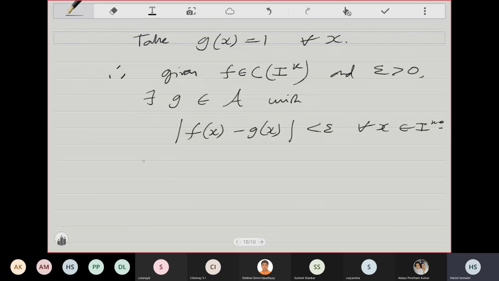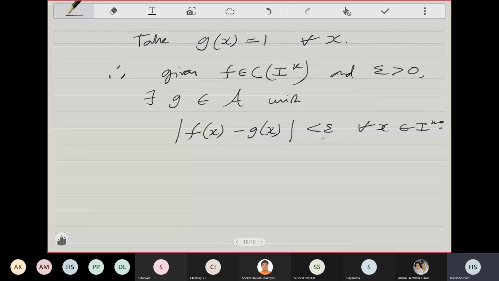Let me here, instead... Ultimately, I want to show that they are close by epsilon, and since epsilon is arbitrary, we'll see that they are actually equal.